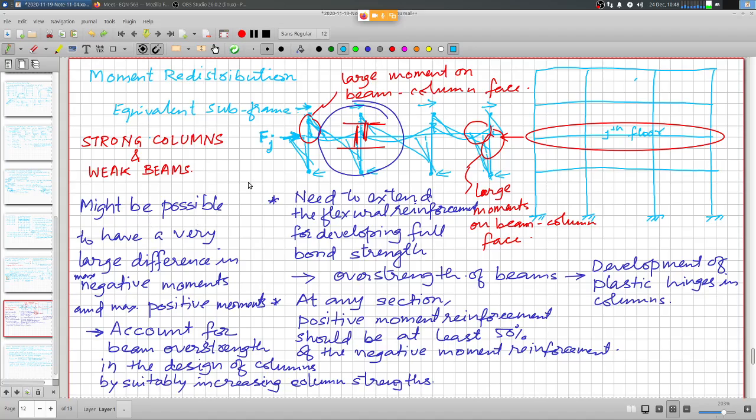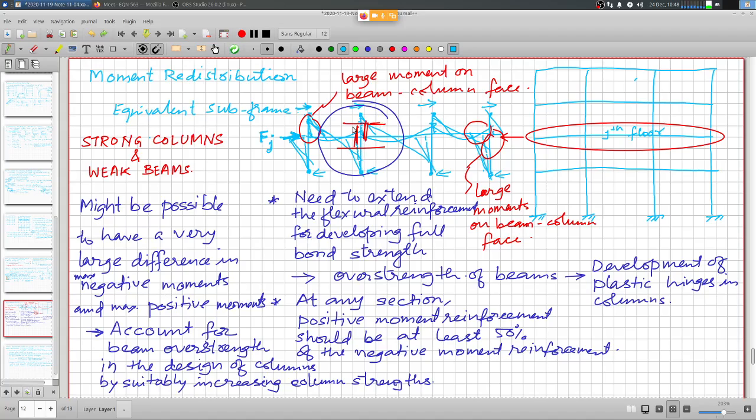And if it is uniform, then there is really no need to truncate the flexural reinforcement in the interior joints, and the reinforcement bars can continue over the span, and that will take care of the other moments as well.